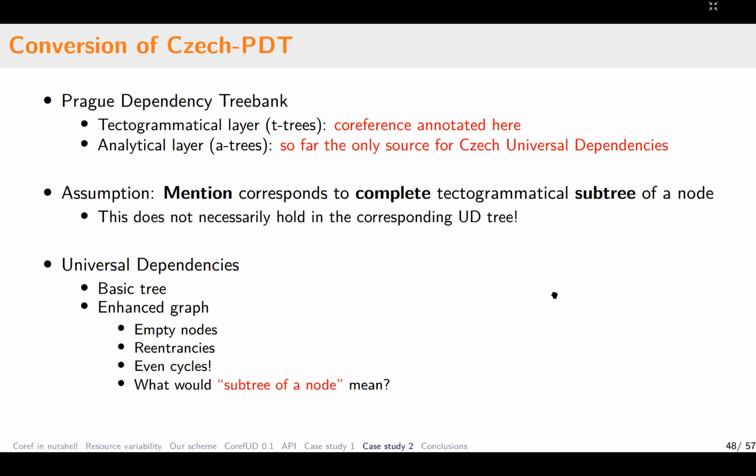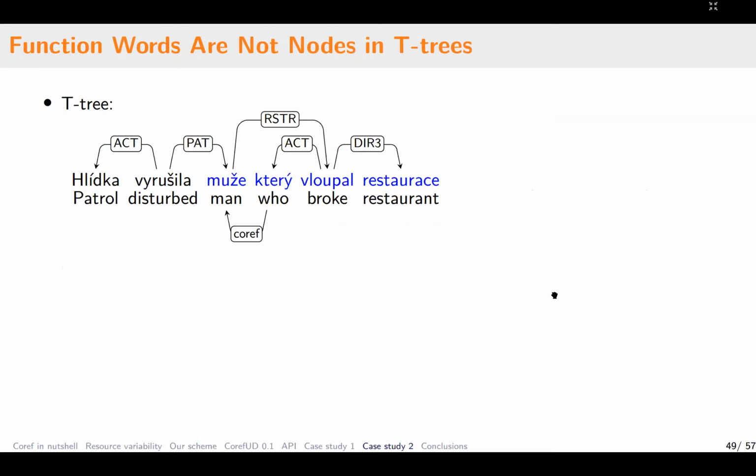But there are also reentrances and even cycles, so it's no longer a tree. It's really a generic graph. So that also raises the question what a subtree of a node should mean there if it's not a tree, and how should we define a head, and so on. These are actually still open questions, but we at least use some heuristics to do it.